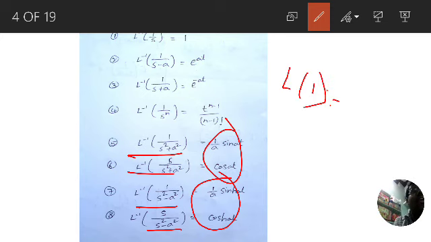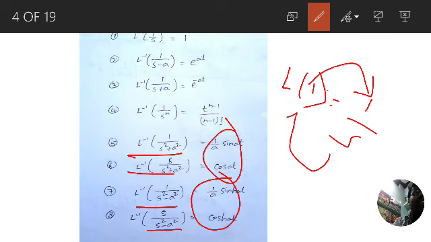What is L of 1? It is 1 by s. So L of 1 is 1 by s, implies L inverse of 1 by s is 1. That's it. If you know the Laplace transform formulas, then you can easily know the formulas for inverse Laplace transform.